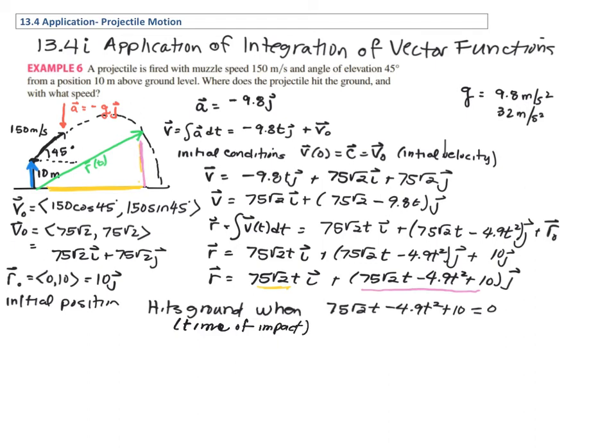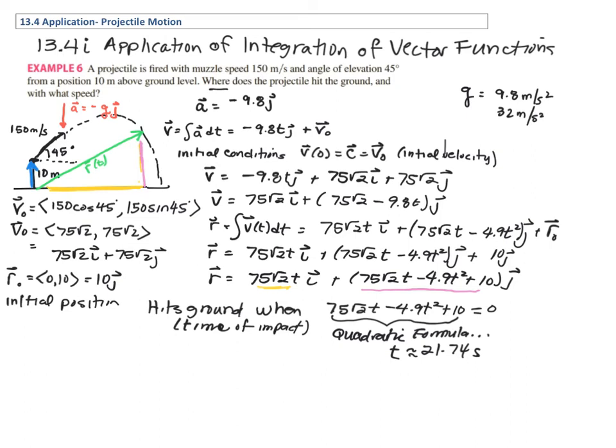If we want to know when it hits the ground, we can just solve this equation. It's a quadratic equation, so if we use the quadratic formula, I'll let you do the computation. We get two values for t. The positive one is approximately 21.74 seconds. So that's when it hits the ground. That's the time of impact.